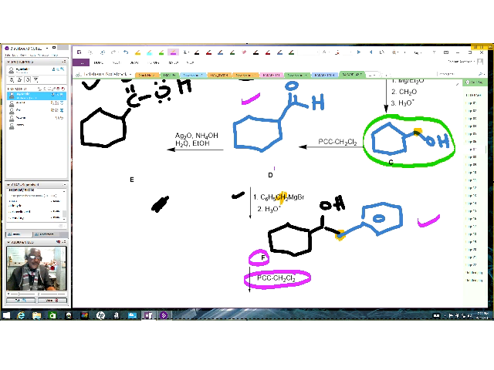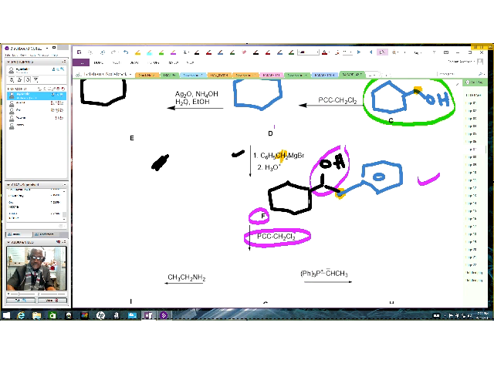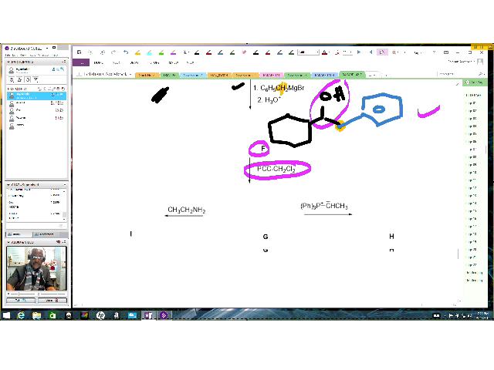What class of compound do you think we are going to get? In other words, they want us to react the PCC with a secondary alcohol. Excellent. We are going to get a ketone. Very good. Let's move this a little up. So we are going to get a ketone, so let us look at the ketone.